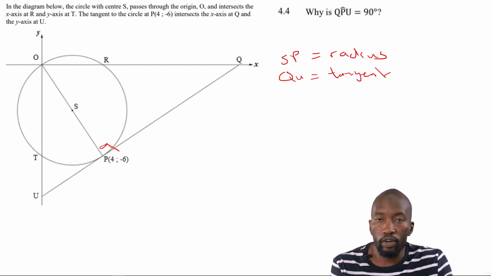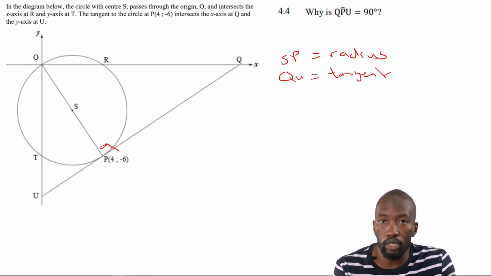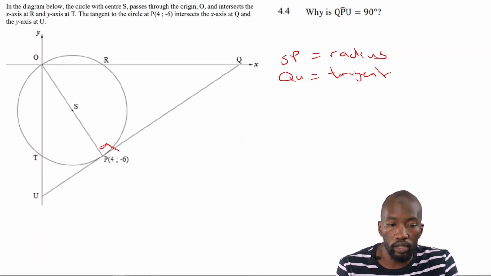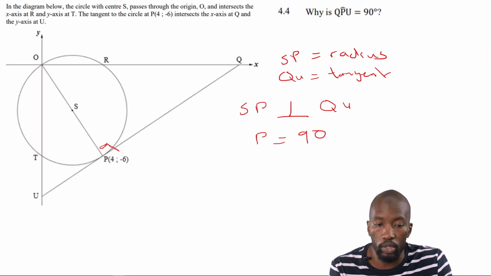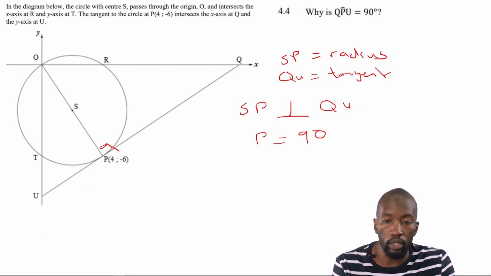Now, whenever a radius and tangent meet, they meet at right angles, meaning that SP is perpendicular to QU. So since SP is perpendicular to QU, angle P is 90 degrees.